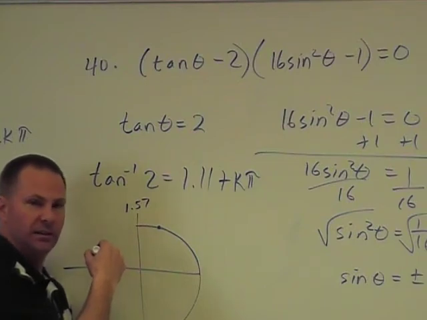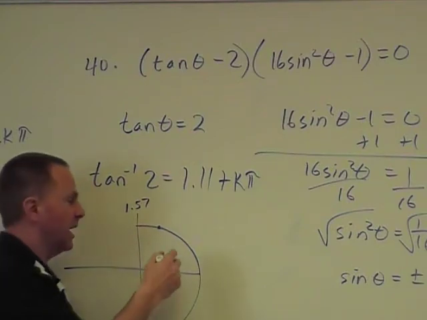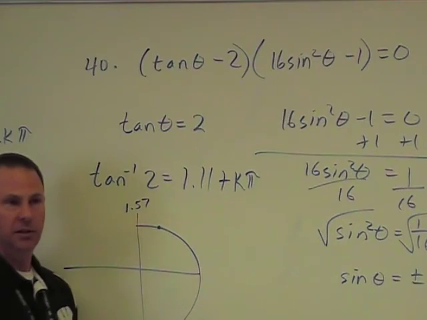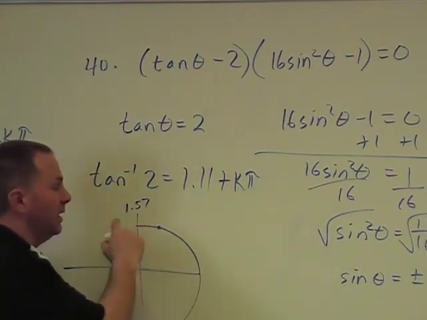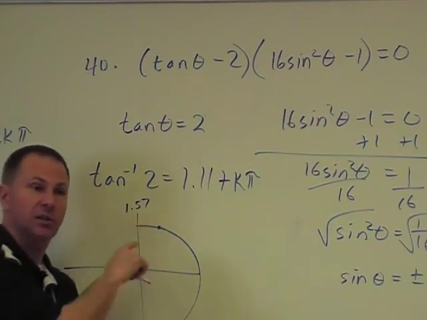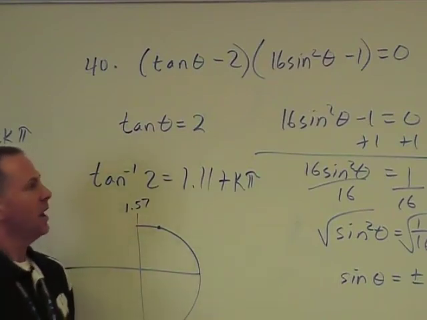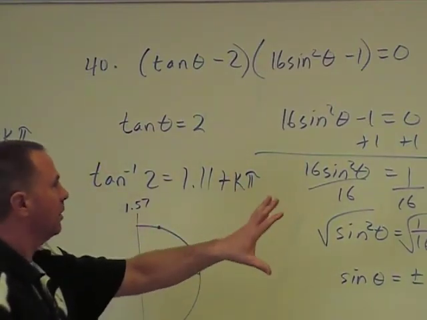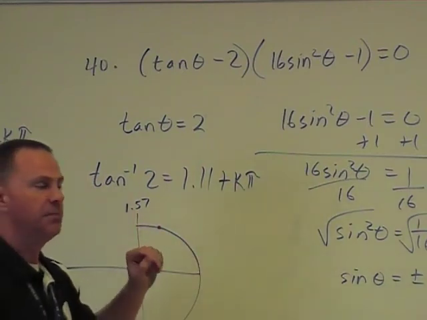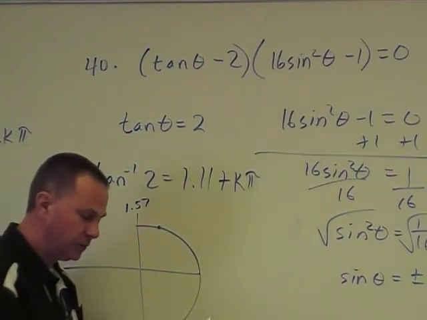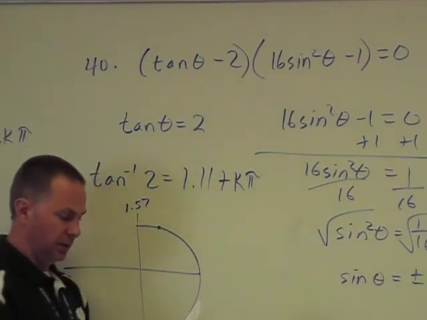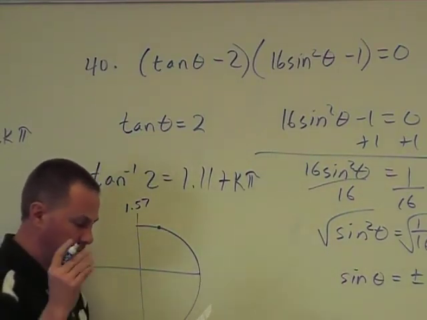But where is that at? It's got to be in this section. So when you're looking at this, be aware of what range arctangent and arcsine are in. That's the only thing. Everything else is the same type of thing: knowing where it's at and getting coterminal angles, but the arctangent is a little bit different from the arcsine. You've got to know those and be able to come up with that information. Okay.